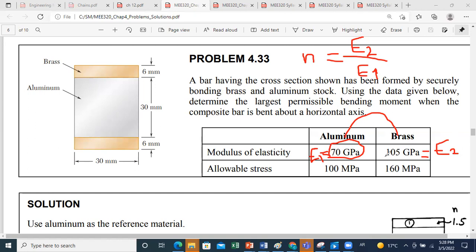And then in this case, I will transform the whole section to aluminum material. Where I have aluminum, I keep the section as it is. Where I have brass, I multiply the lengths here by n. So n is equal to 105 over 70.